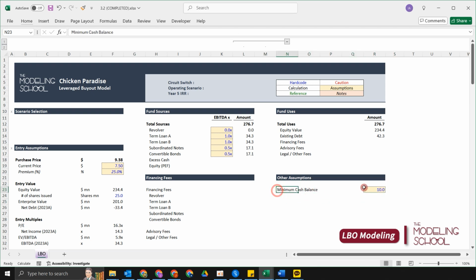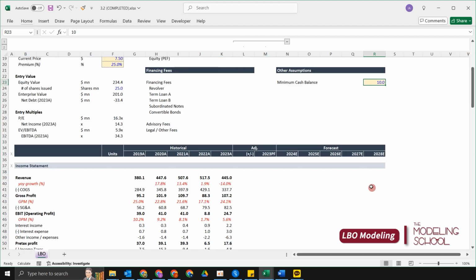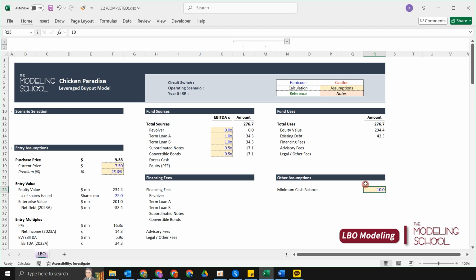So when we're putting in assumptions, if you're wondering how much to put in for this specific cell, there are a lot of methods to make an assumption, but usually it's a percentage of operating expenses or a multiple of operating expenses, or some people analyze working capital and make the minimum cash balance something associated with increases in working capital, because that's the amount of cash that the company needs for operations.